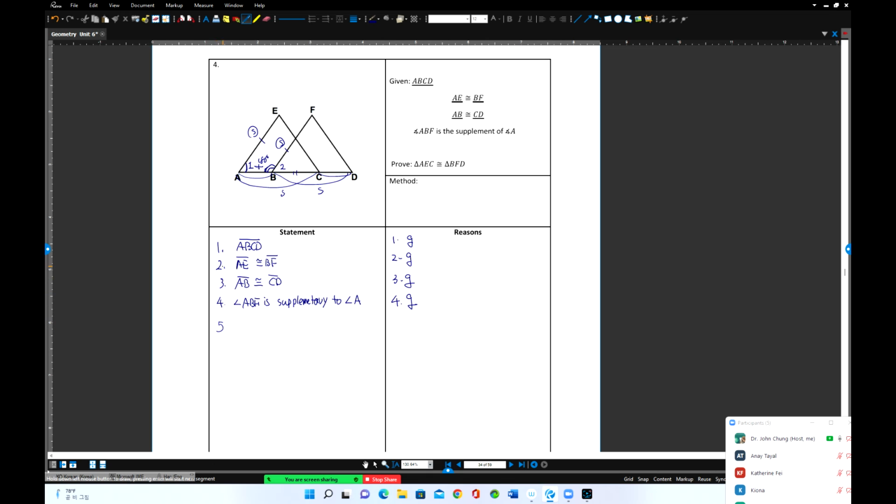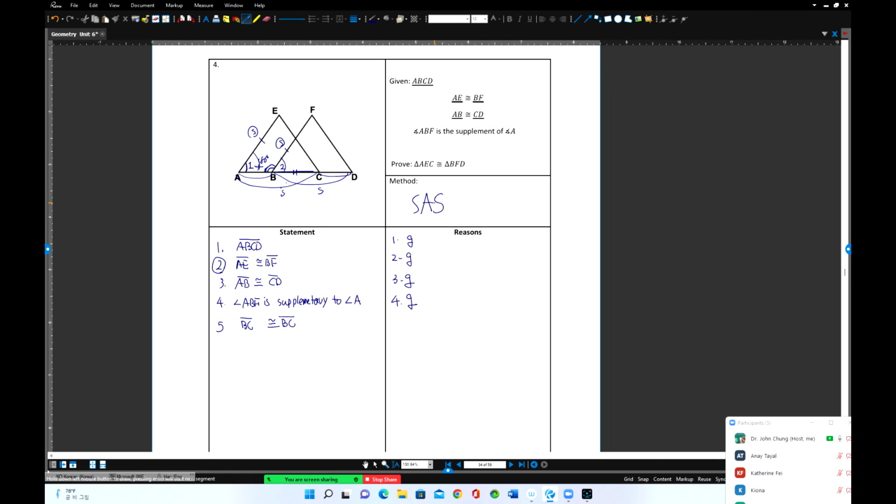Now let's find, this is already done. AE, BF, we had one side there. Now I'm going to find the bottom side, which is also the same. AB plus BC, right? This is the common length, isn't it? So you write down BC congruent to BC. That is the side. Side, angle, side, we know that, right?